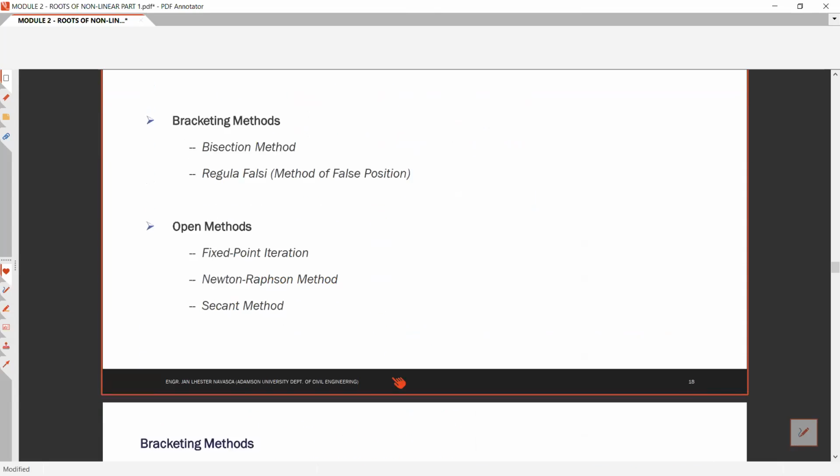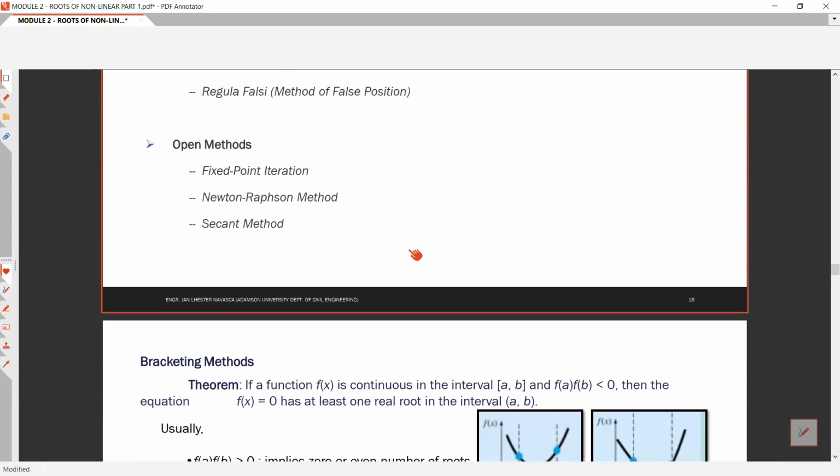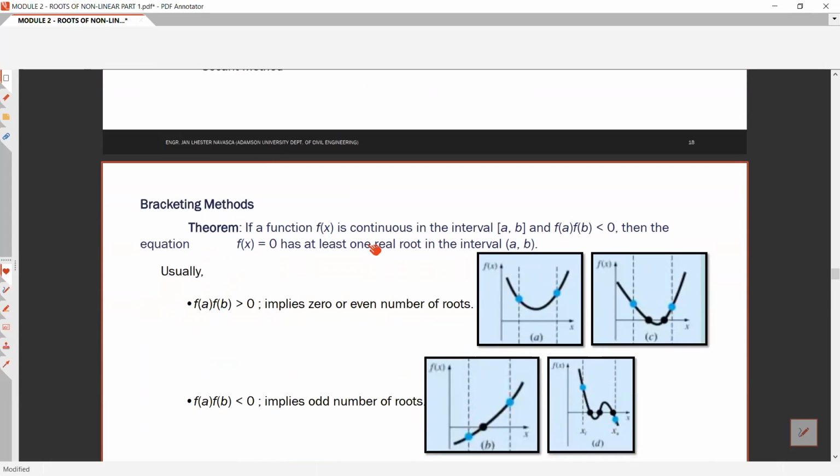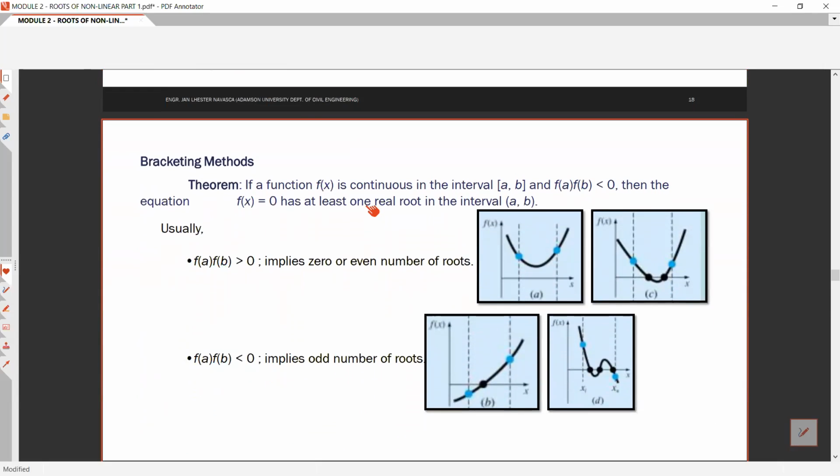So for the first part, for the bracketing method, ang theorem niya dyan, if a function f of x is continuous in the interval a and b, such that f of a times f of b is a negative number or less than 0, then the equation f of x equals 0 has at least one real root in the interval a and b.